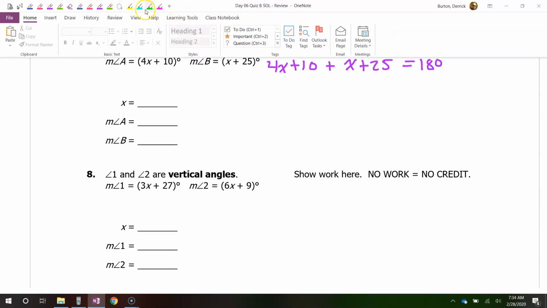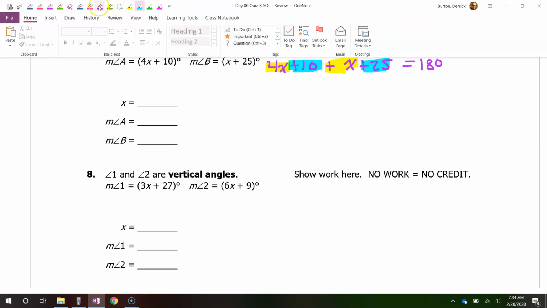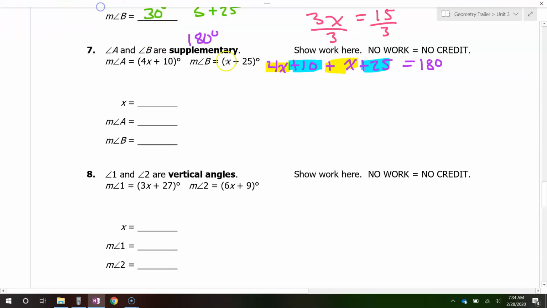So combining my like terms, these are like terms and these are like terms. They are on the same side of the equation. That's why I'm just combining them. I'm not going to subtract anything. So I'm going to get 5x plus 35 is equal to 180.